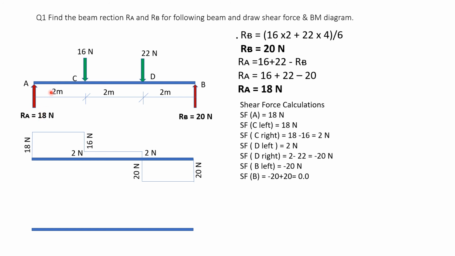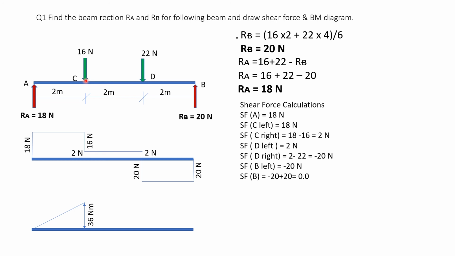So 18 into 2 will be the moment at C for this RA. 18 into 2 is 36, and RA is going up, so bending moment is positive. At A it is 0, at C it is 36, and A to C is an inclined straight line. Bending moment at C is 36 Newton meter.